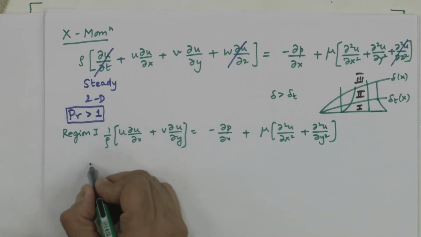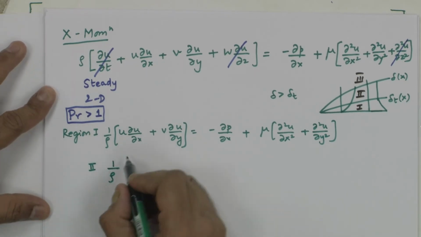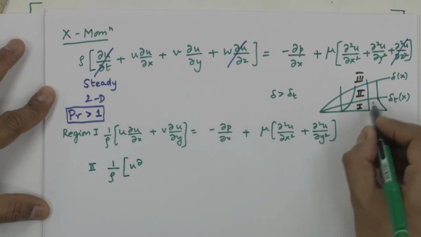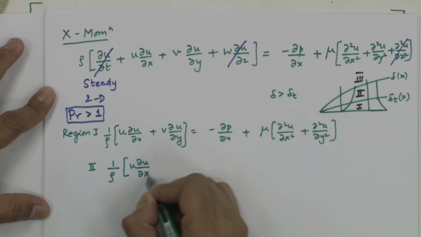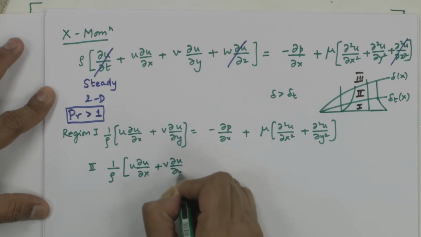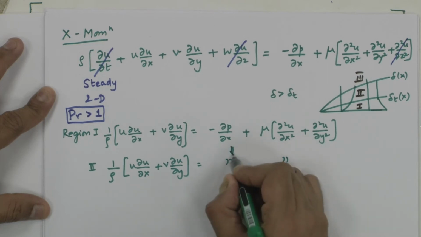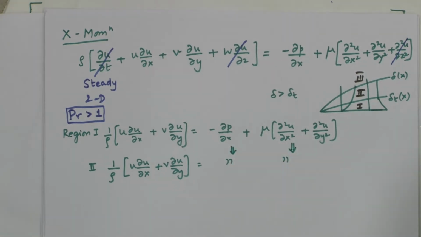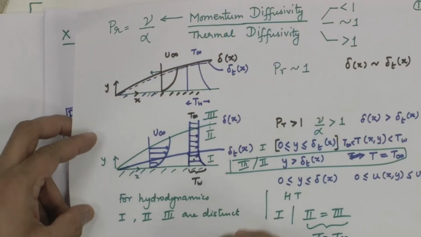This is good. In region 2, again there is no change in the velocities, u is varying here, it has not reached a constant value. So, u du by dx plus v du by dy equal to the same quantity. And that is what I told you before also, for hydrodynamics, we have distinct 1 and 2.